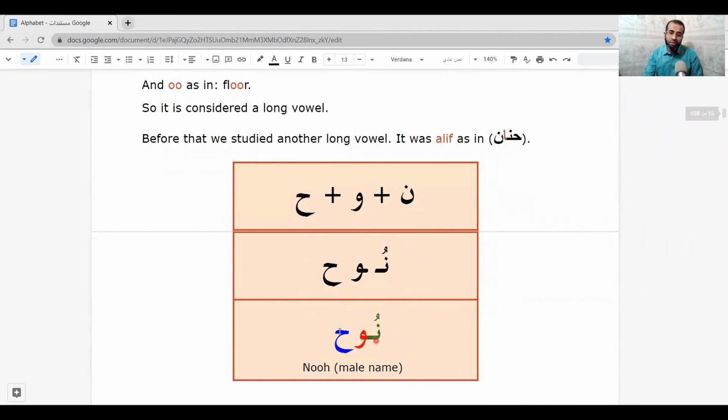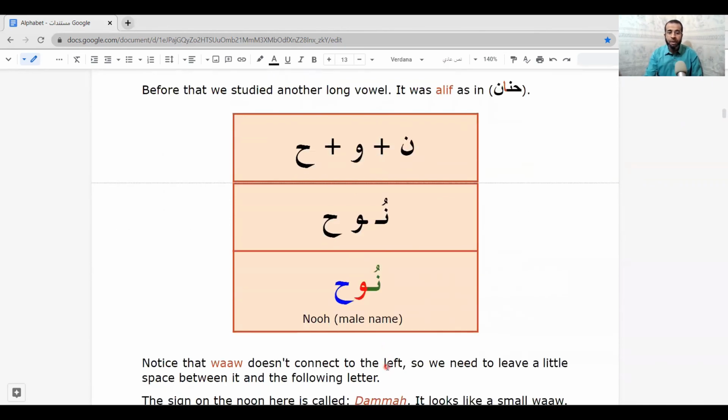Can you read this word? It has three letters. Noon, wow, ha. N, w, ha. We say Nuh. This is a male name.